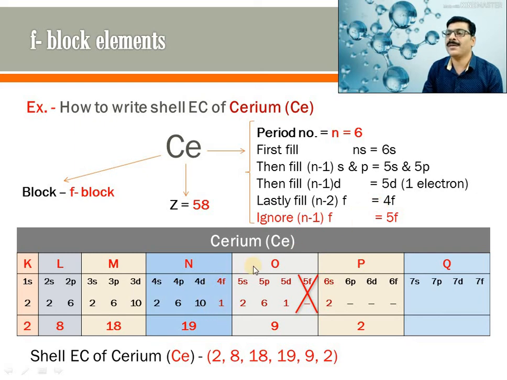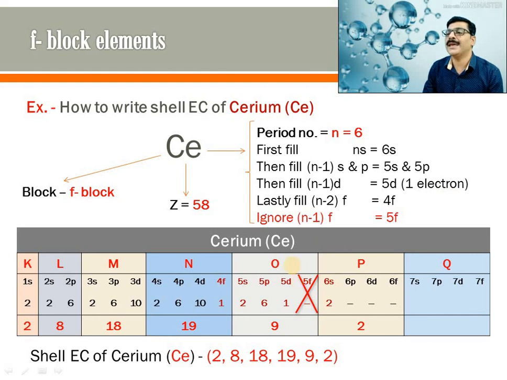Now here 4f is present and it is filled last. Then the O shell contains 5s 5p 5d 5f, and 5f you have to ignore, but 5d contains only one electron you have to fill up.